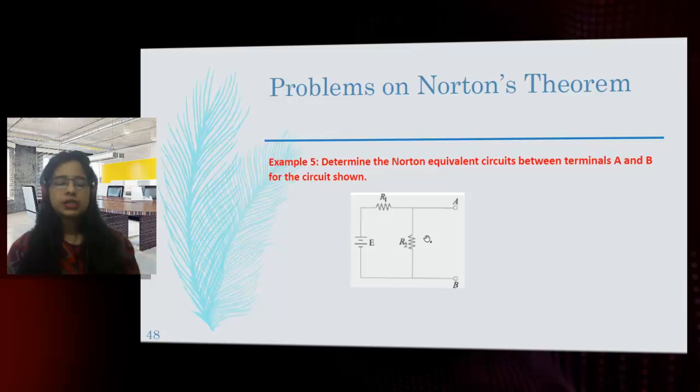It is the nature of current to always follow the least resistive path. In whichever branch less resistance is there, current will always choose that path.